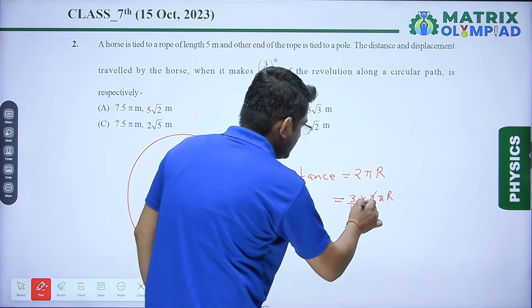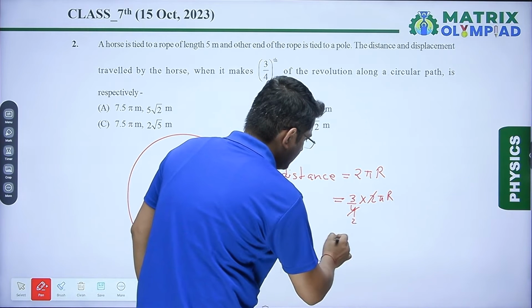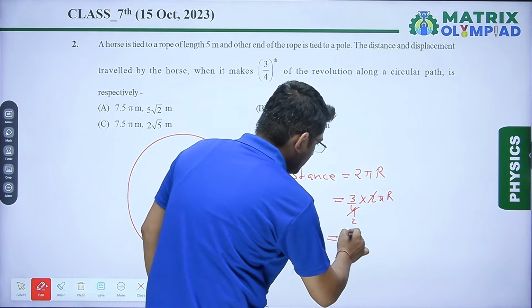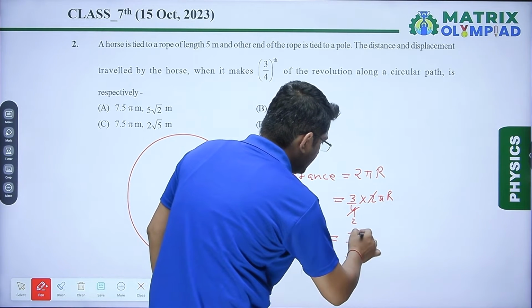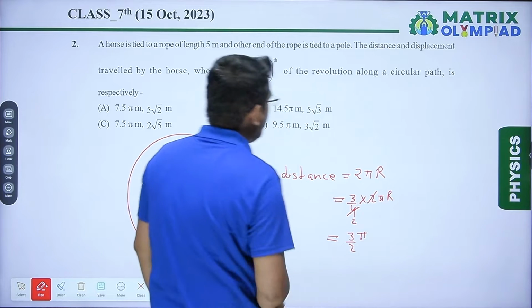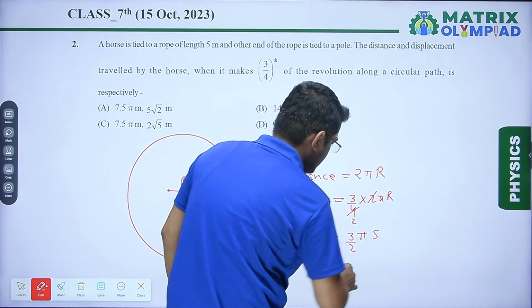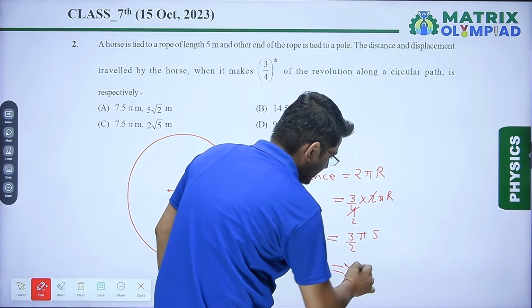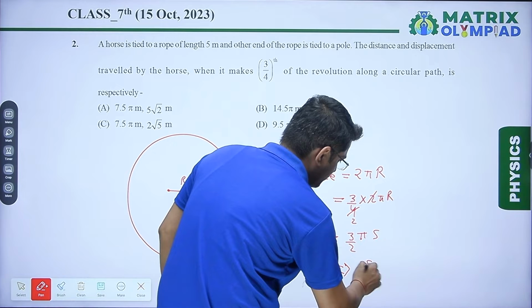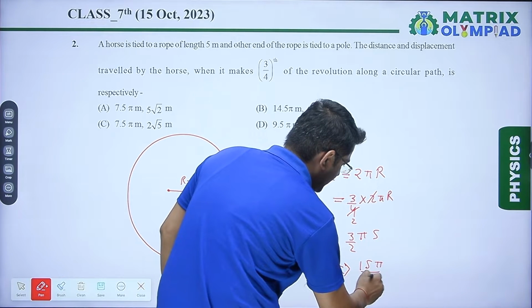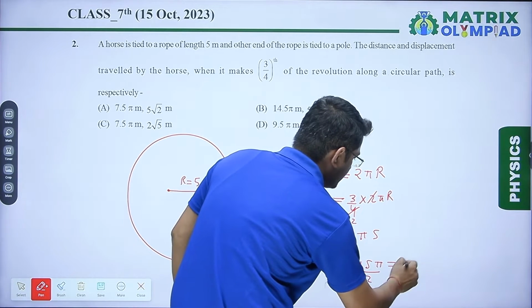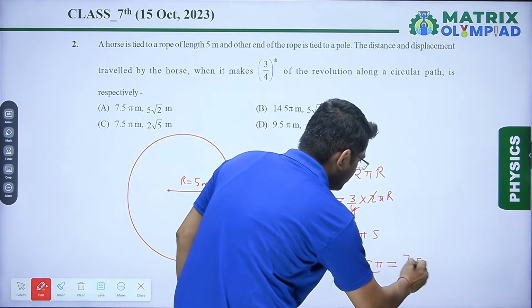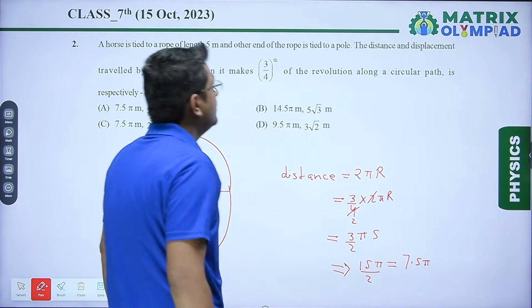In this case, this 2 will cancel this 4 and we get 3/2 multiplied by pi, and the value of r is given 5. In this situation, we get 5 multiplied by 3, which is 15 pi divided by 2. On solving this, we get the value of distance 7.5 pi meters.